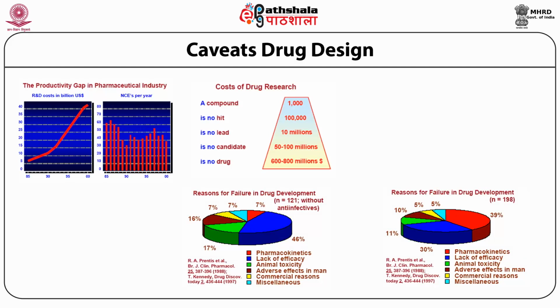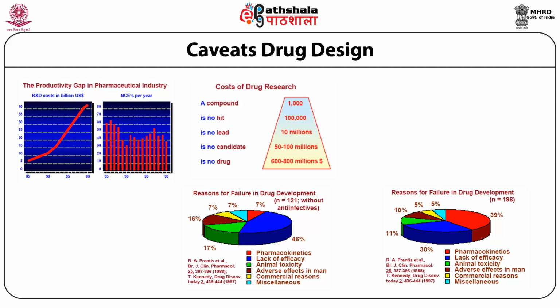Next, analysis shows us the major reasons for failure in anti-infectious drug development, which is the most danger coming and waiting on the road, and major designers should pay attention to this.